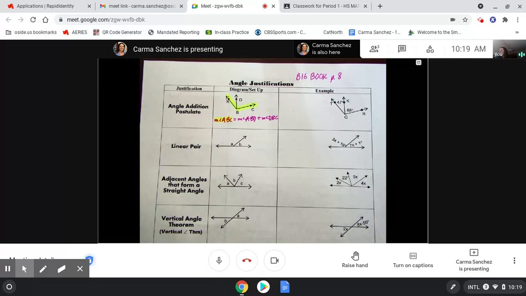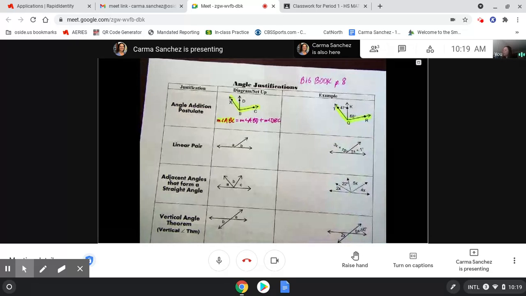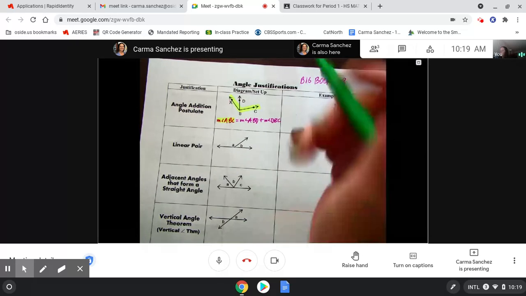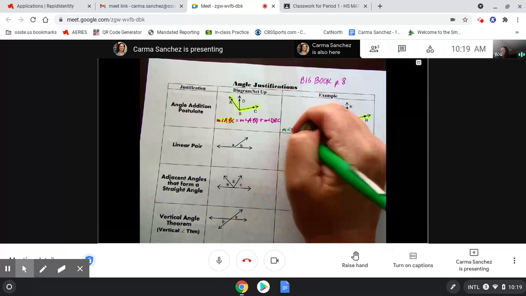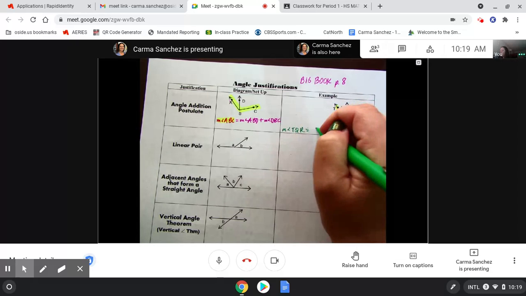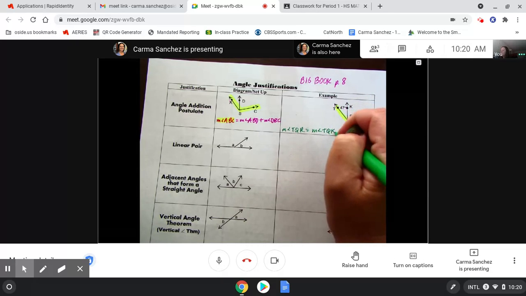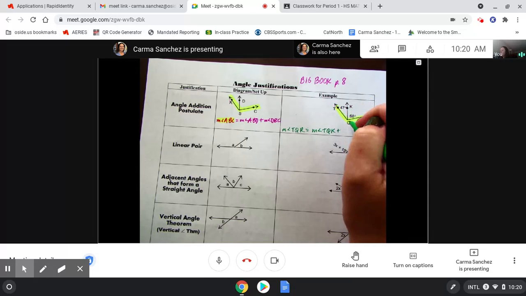Here we want to find this big angle, TQR. So how can I find the measure of that bigger angle? I can say that the measure of angle TQR is equal to the measure of angle TQK plus the measure of angle KQR. So I can use this concept to just add this together.